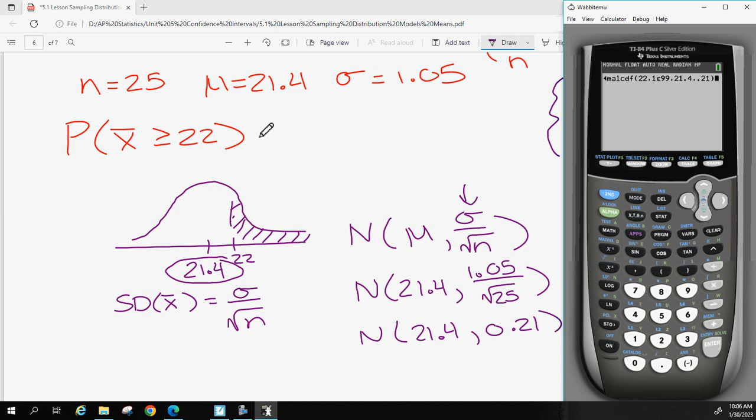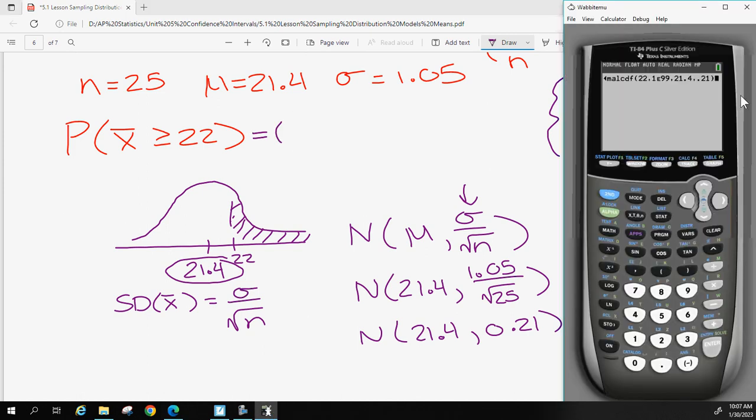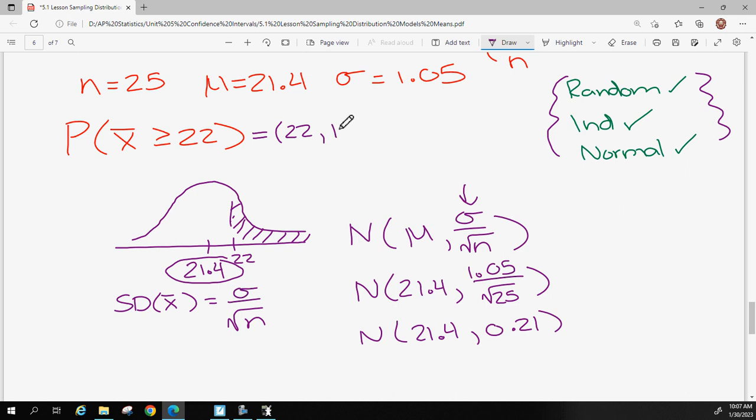And one thing we might want to write down is all this information that you see here in the calculator. So there are left bound, our upper bound, our mean, our standard deviation. So you're telling me, hey, I know how to put this in the calculator.